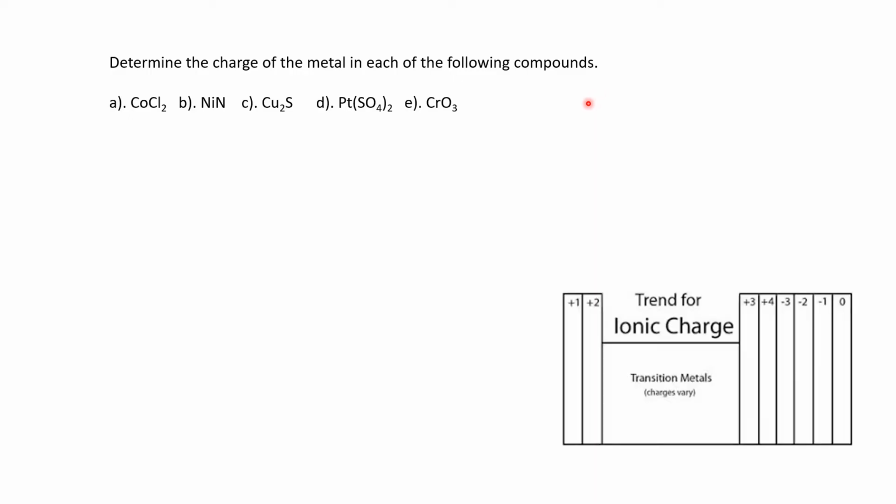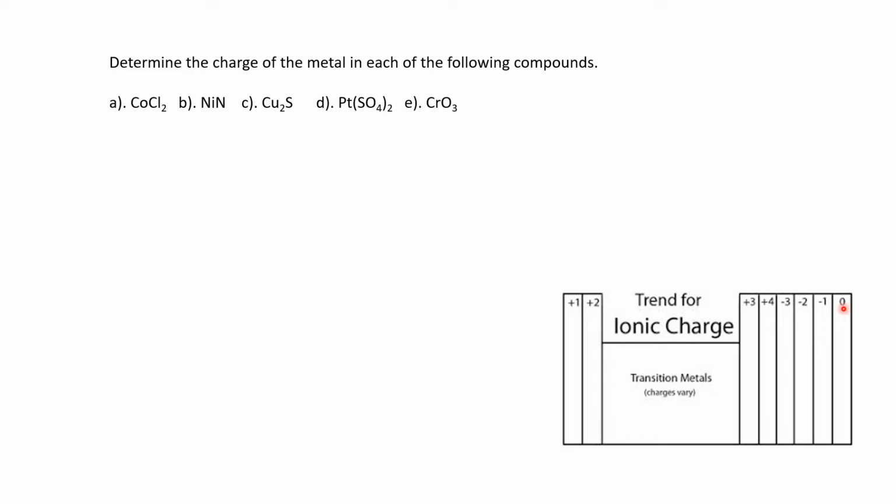Determine the charge of the metal in each of the following compounds. Let's look at the periodic table. The elements in groups 1, 2, and 3 usually make cations with the charge equal to their group number. The exception is hydrogen. The elements in groups 5, 6, and 7 make anions with the charge equal to group number minus 8.